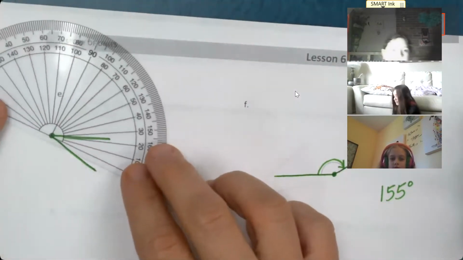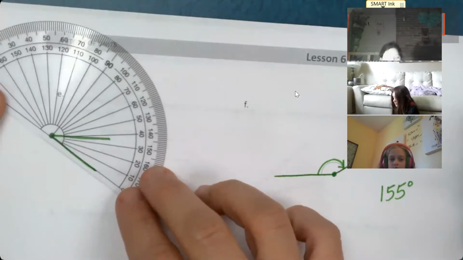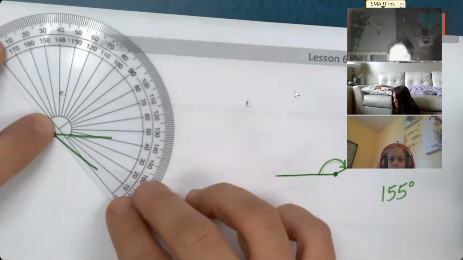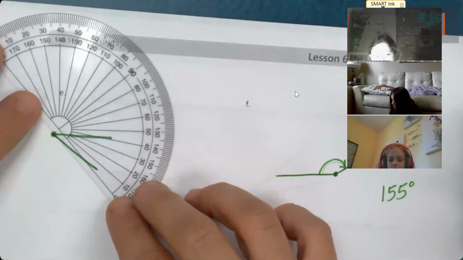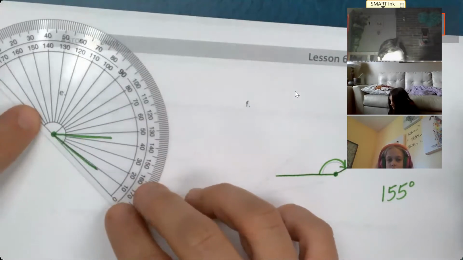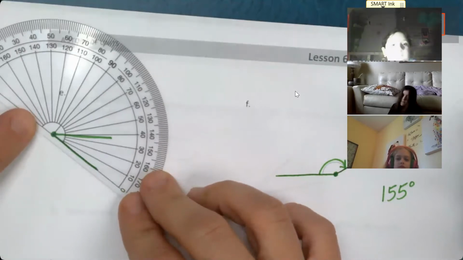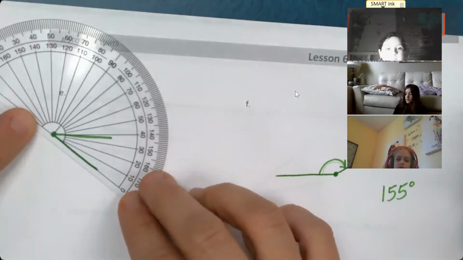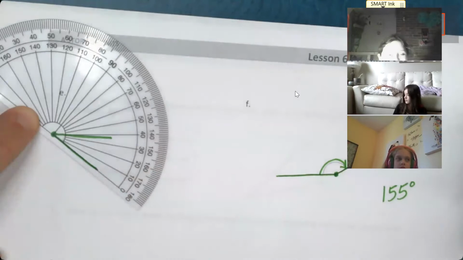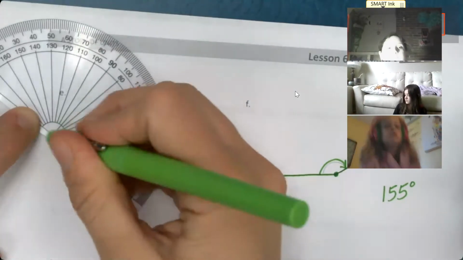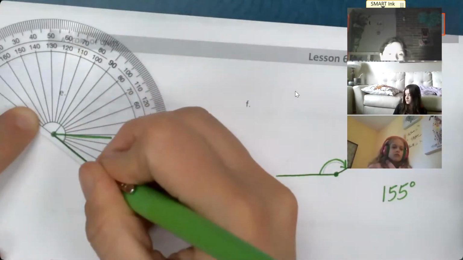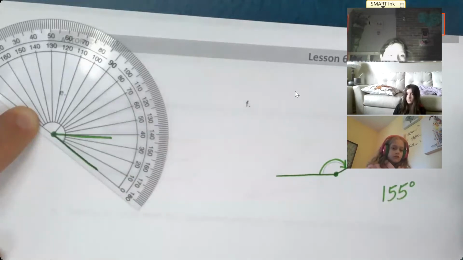So I'm going to turn, and then I still have to make sure I keep turning, but look at my vertex. The center of my protractor moved off. So I've got to take it back. Almost like when you cross the street: look right, look left, double check left again, look right. So now I have my center lined up and I have the bottom of my angle lined up with 0.